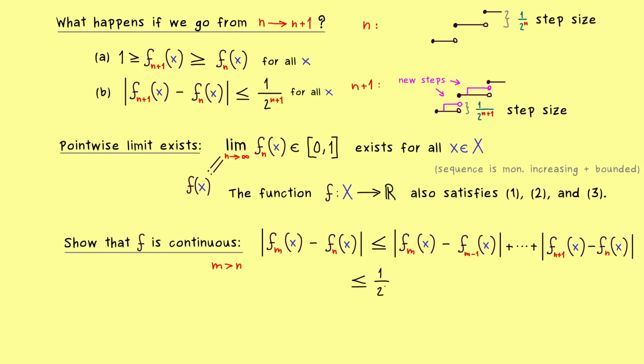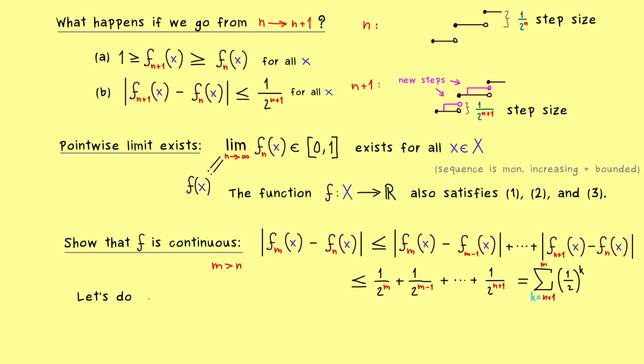So the first one is 1/2 to the power m, then we have 1/2 to the power m minus 1 and so on until we reach n plus 1. So it's actually a nice geometric sum formula. You see this if we use a sum symbol where we have an index k involved. And then we just have 1/2 to the power k where k goes from n plus 1 to m.